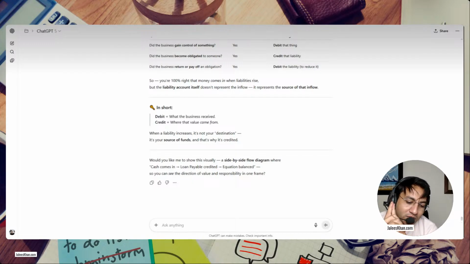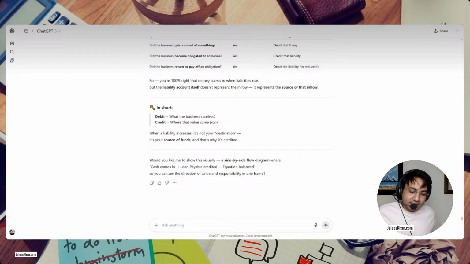So our assets are going to decrease, which means our assets are going to be credited. And when liability decreases, liability is going to be debited, because it's the ending point of the transaction. Yes, it's the ending point of the transaction.